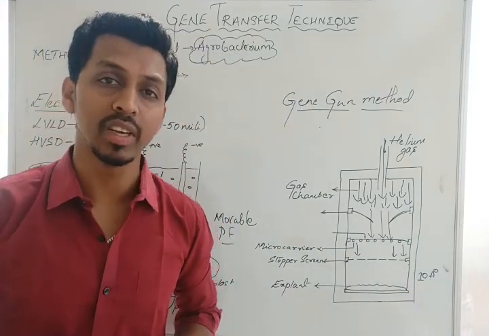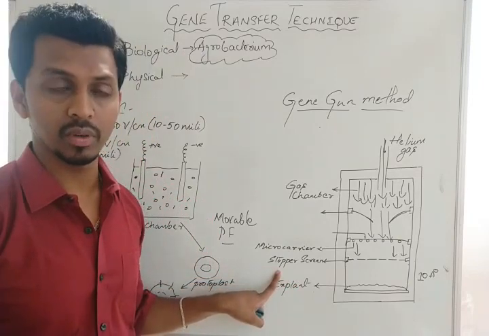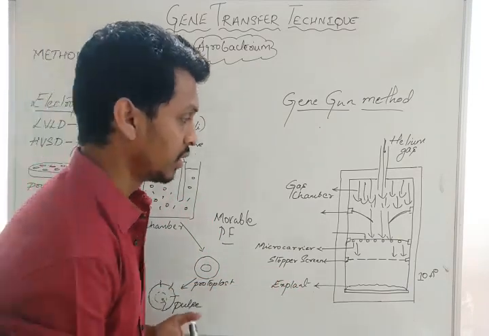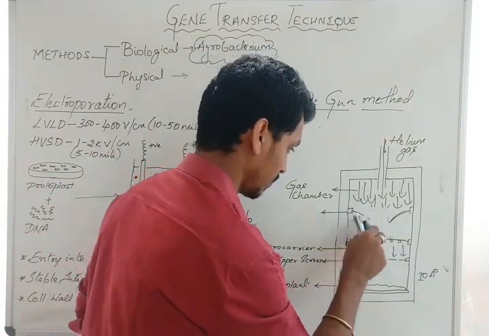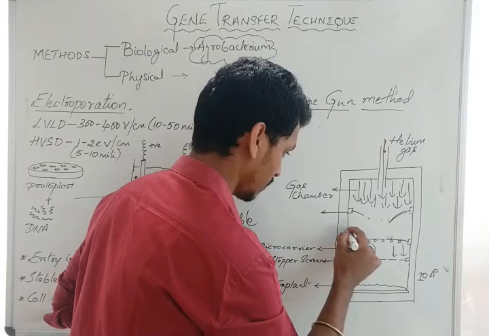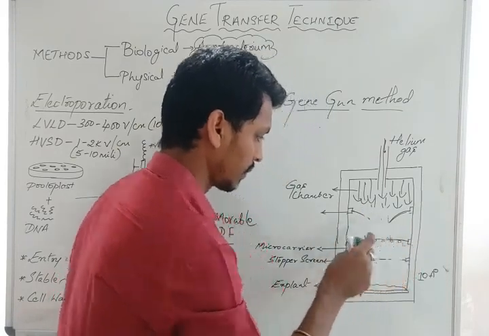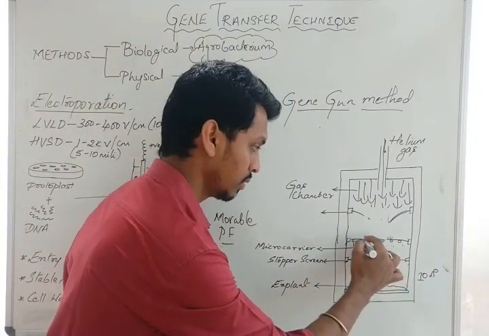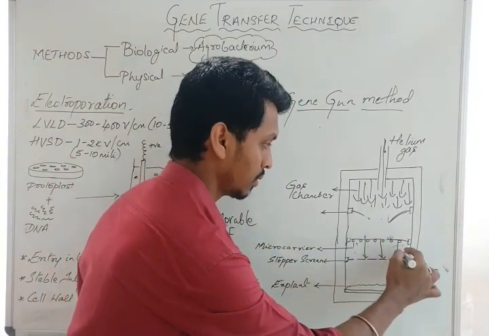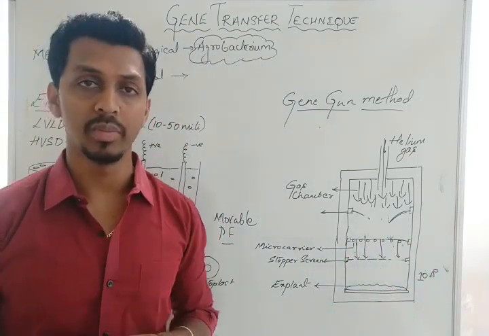As it moves downwards, we have something called a stop screen, also called a stopper screen. With high velocity, the macrocarrier comes down, and because of the presence of the stopper screen, it stops there.